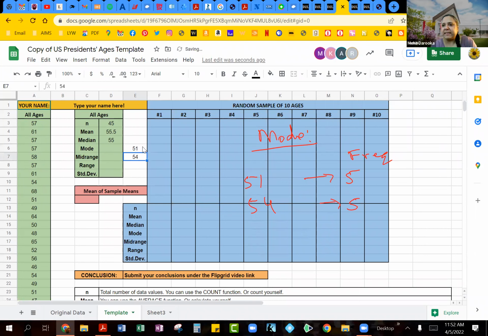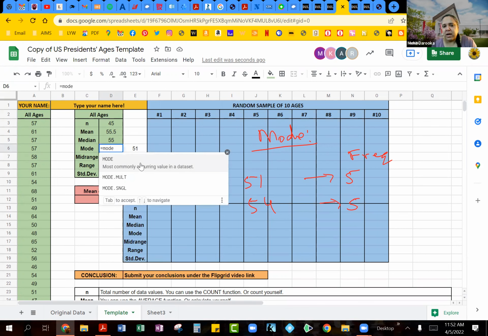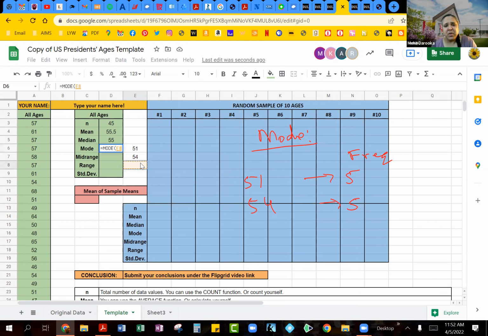And you will see it lists those numbers underneath one another, right? So you got 51 and 54. Now, just to show you, if you just use the mode without the dot multiple option, we'll put our data set in there, hit enter. You will see it actually only gives you one number when you just use the mode function.